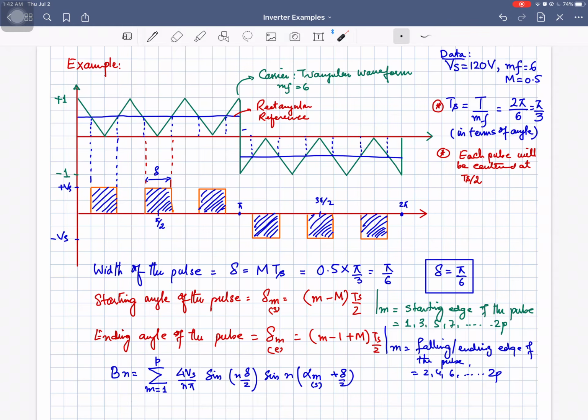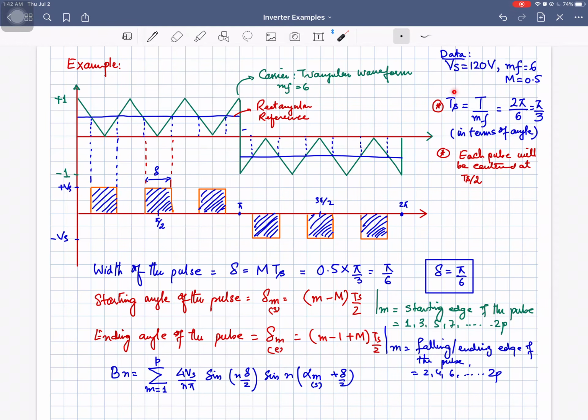And we have set the carrier waveform in such a way that this pulse is centered at this point. All of these pulses: the first pulse is centered at this point, the second pulse is centered at this point, the third pulse is centered at this point, and so on, fourth, fifth, and sixth. Okay, so what will be the time period in terms of angle of one cycle of the triangular waveform?